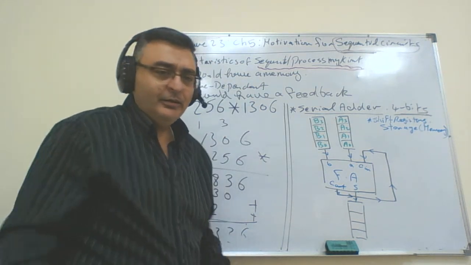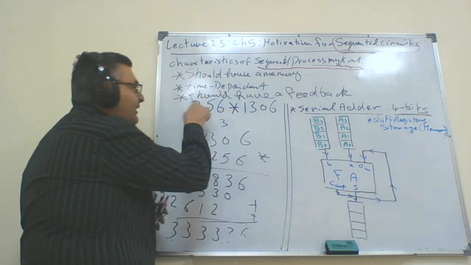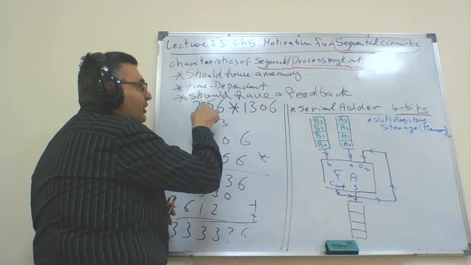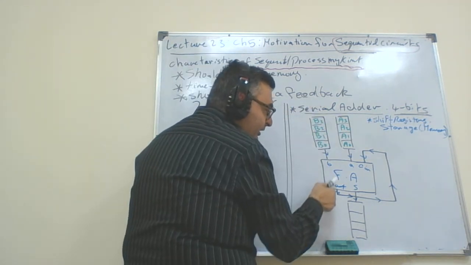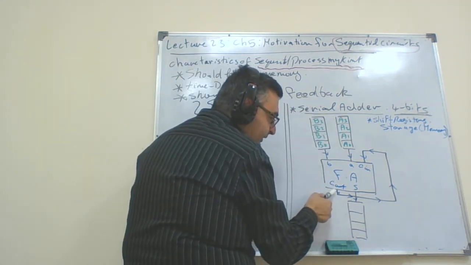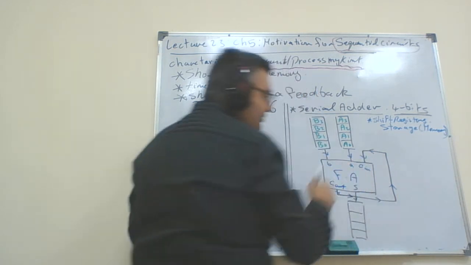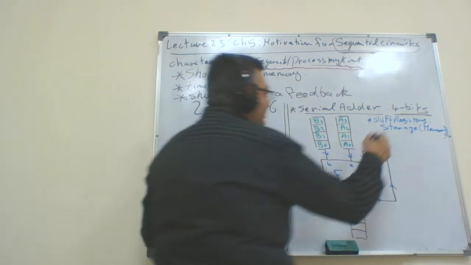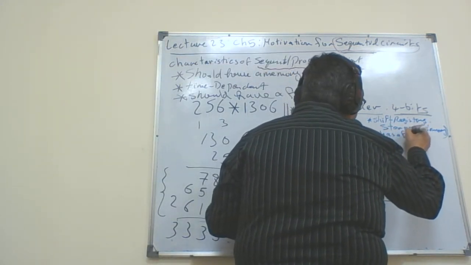Second thing, the system should have a feedback. You can see here the output from the full adder, the Cout, is connected back to the Cin. So the system has a feedback.